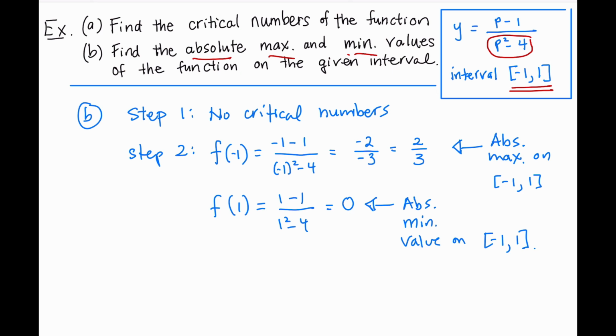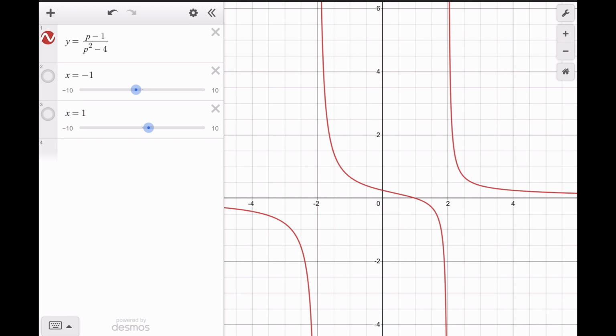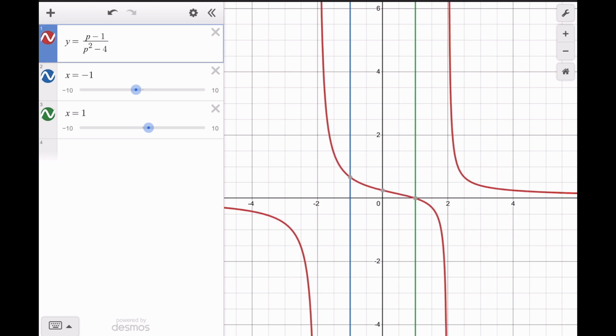In order to convince ourselves, let's take a moment to graph this function and see if this aligns with our results. Here you can see the graph of our function, and we're interested in the closed interval [-1, 1], between the blue and the green line.